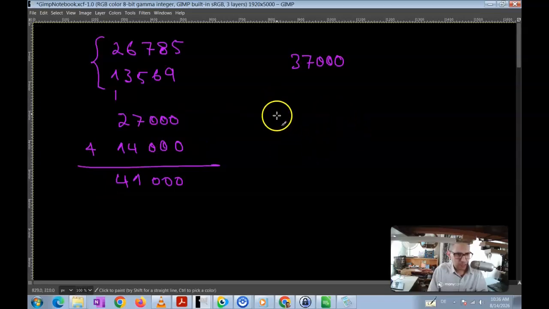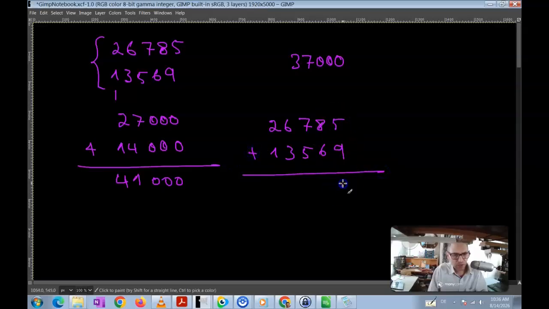So in reality, the amount of money that I have is 26,785 and 13,569. If I add these numbers together, I get 40,354 rupees. So you get a little bit more money when you round your numbers this way. You get a little bit more money than you actually have.